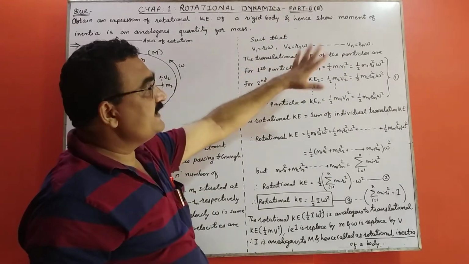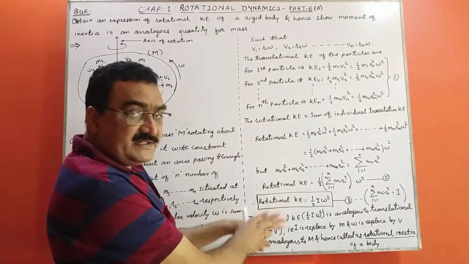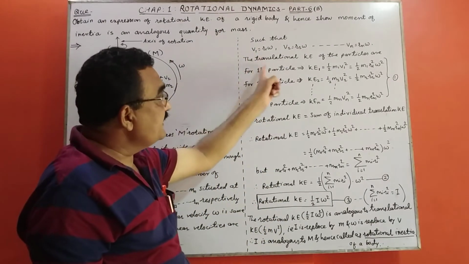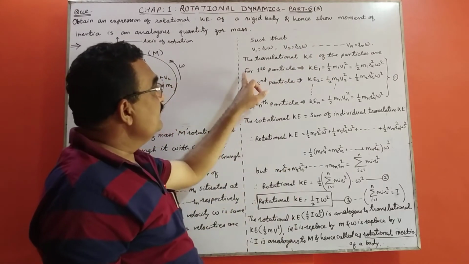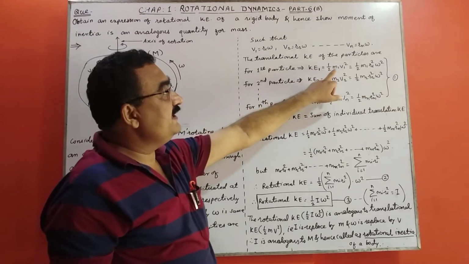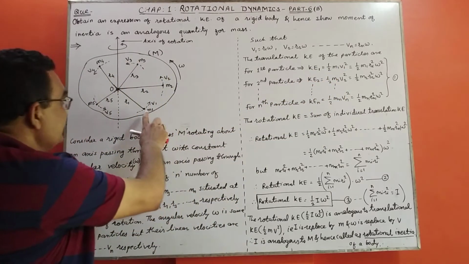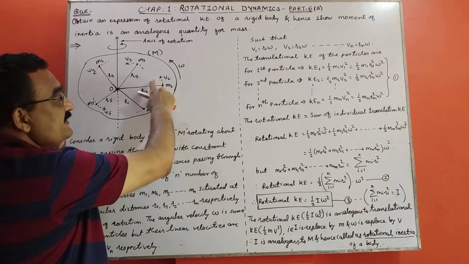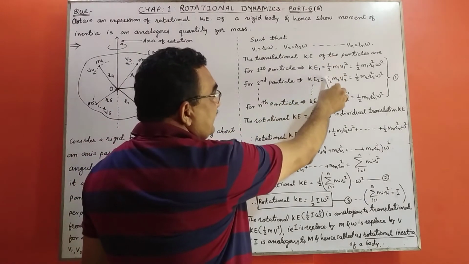Now the translational kinetic energy first. If we find the rotational, then we start from translational. So in translational kinetic energy, for the first particle, K1 is equal to half m1 v1 square, because for the first particle m1 is mass, v1 is velocity. For the second particle m2 is mass, v2 is velocity. So like that we can write this.